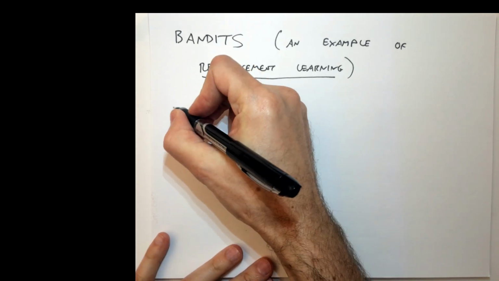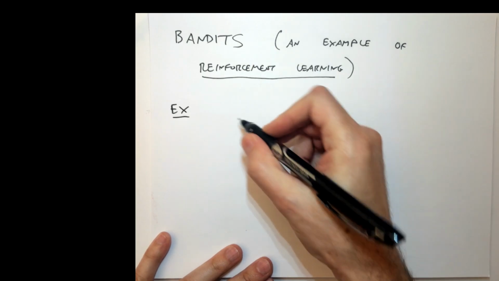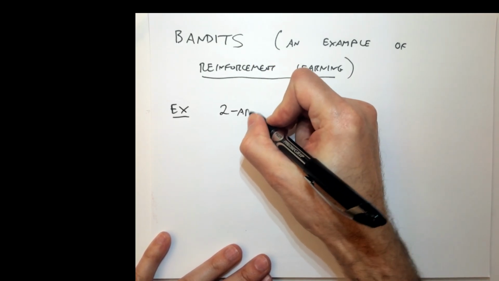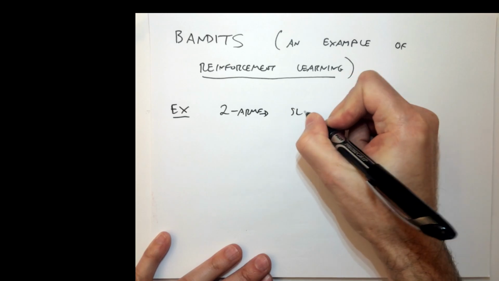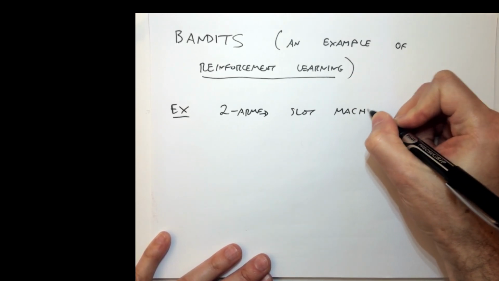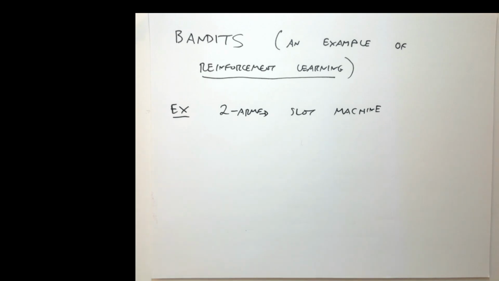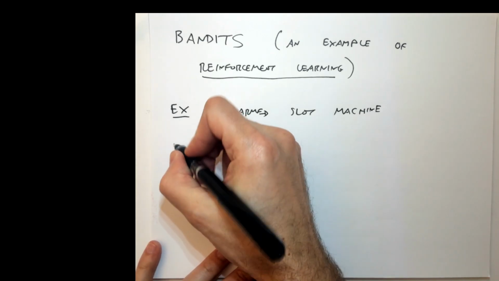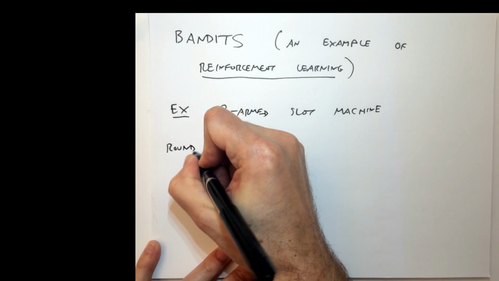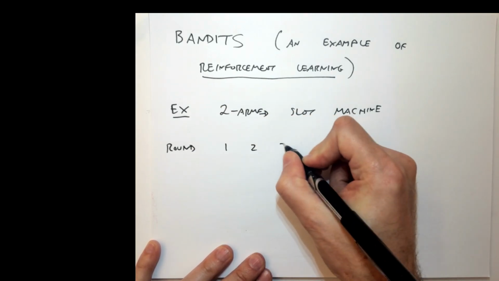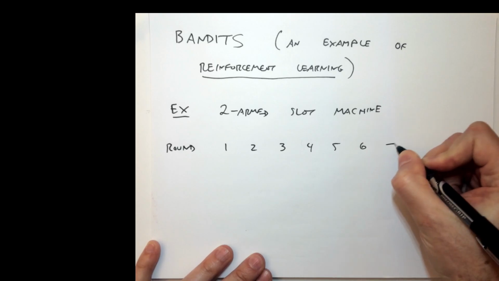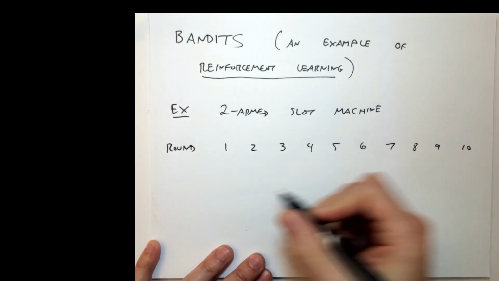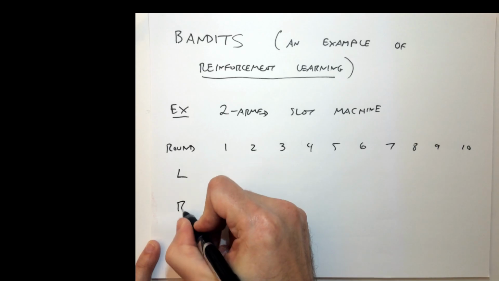So let's suppose that we have a two-armed slot machine. You don't know anything about this machine. You don't know anything about what's inside of it. All you can do is see what rewards you get when you pull on the arms. Let's suppose that we take 10 rounds of this slot machine, and we have the left arm and the right arm.